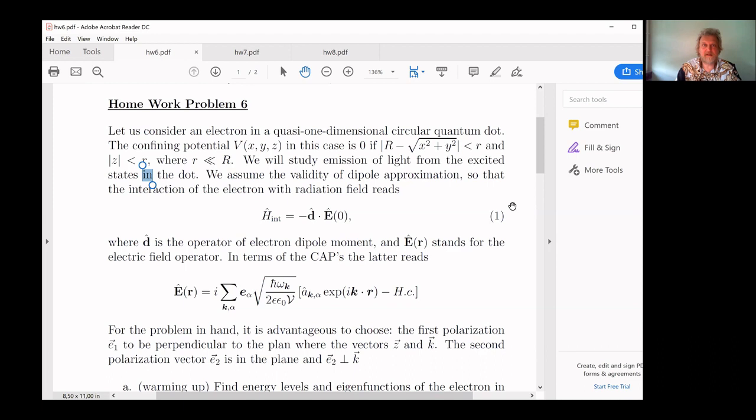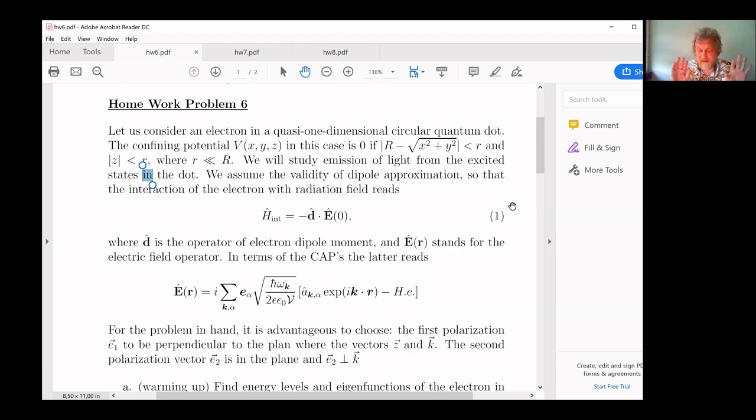What is the similarity? In both cases, we need the square of a matrix element between 2 states. If you talk about a transition, the initial and final states have to have the same energy. And for second order corrections, those are virtual states. They don't have to have the same energy.